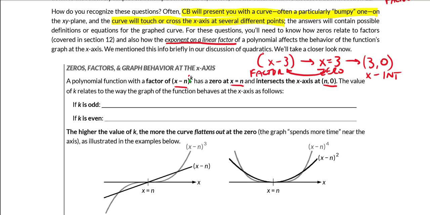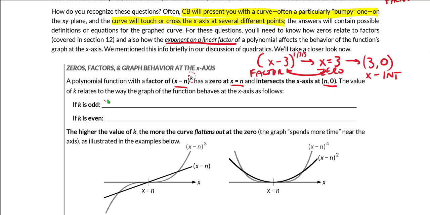Now, what we need to add into the mix here is some information about this k. What we need to know about that k is that if k is odd, so for instance, if I just have x minus 3 to the first, or x minus 3 to the third, or x minus 3 to the fifth, if that exponent on the linear factor is odd, what we will see on the graph of the function is the graph going through the x-axis.